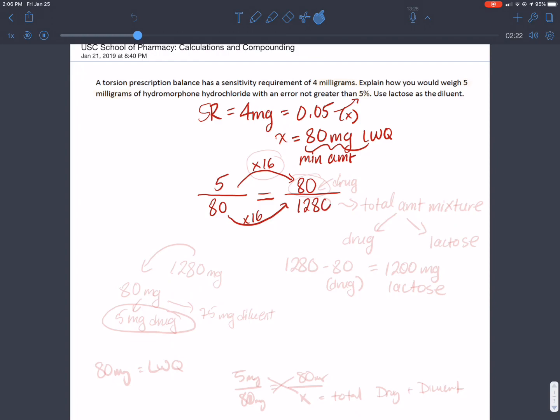And this is going to give us the total amount of our mixture. And this mixture contains both drug and diluent, which is lactose in this case. And this numerator, least weighable quantity, represents our drug.